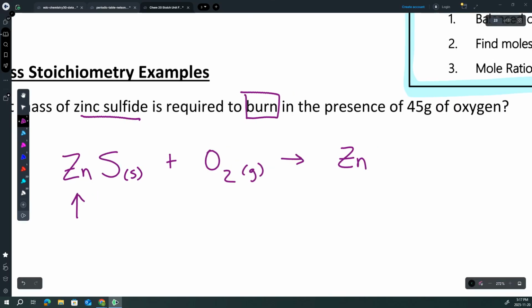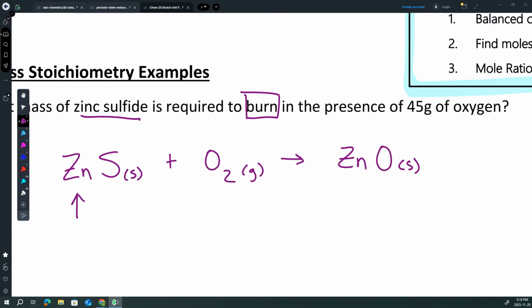Since zinc likes to have a 2+ charge here, and oxygen likes to have a -2 charge, the compound we've created is already balanced. And since it is an ionic compound, we can assume that it is a solid.